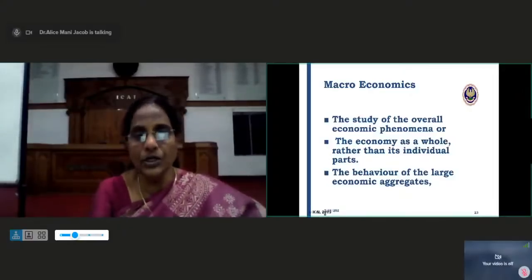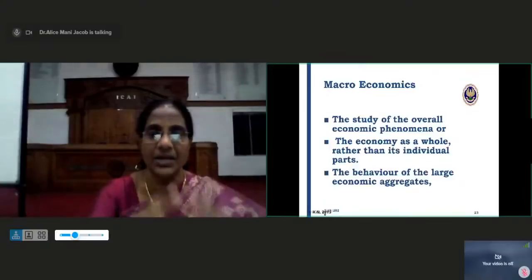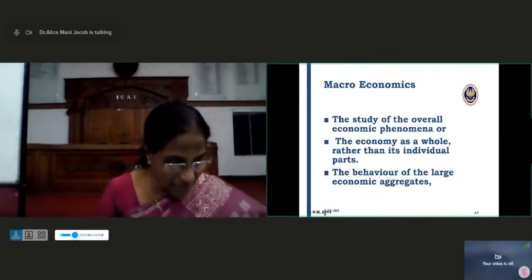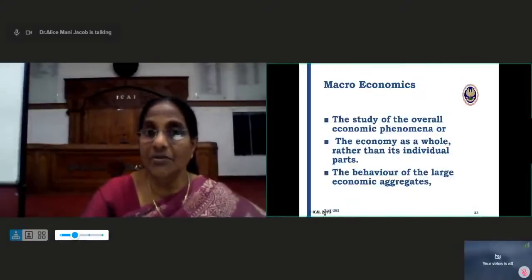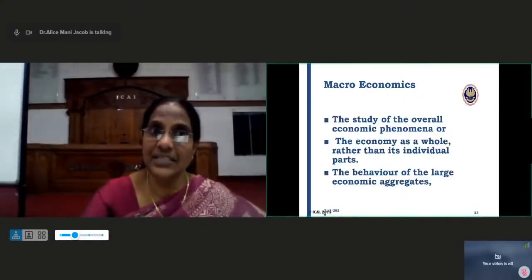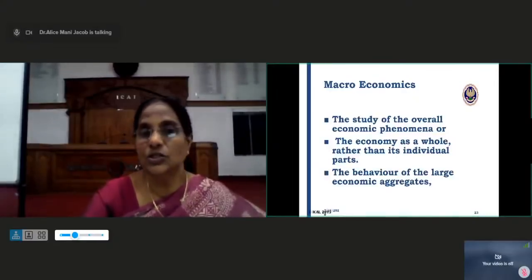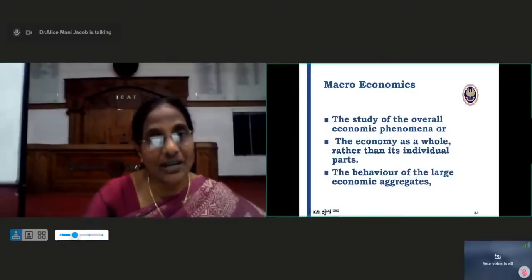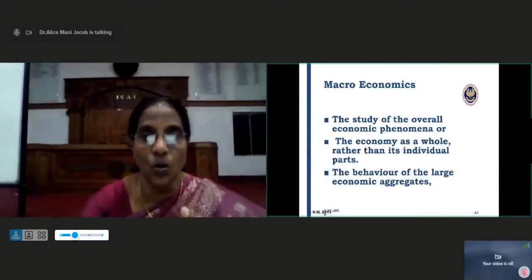But in macroeconomics, you study national income. What is the aggregate income of the country? National income, national savings, price level, inflation, deflation, balance of payment. Exports total, imports total, total saving, total investment. Did you get it? You are studying the economy as a whole.